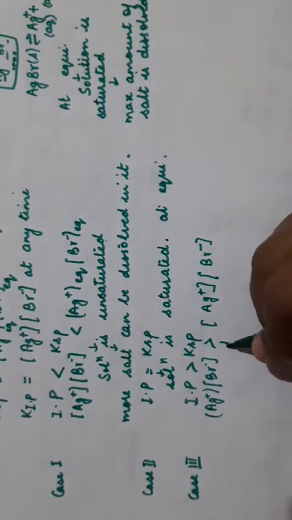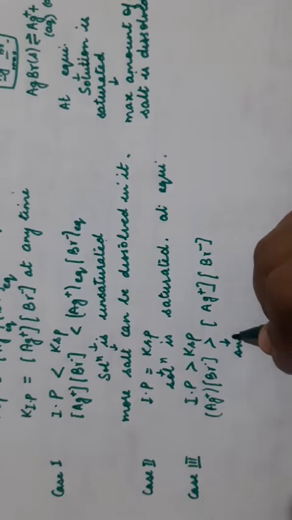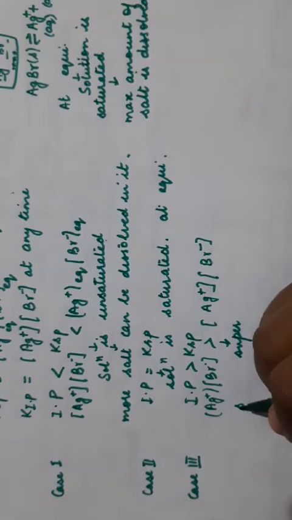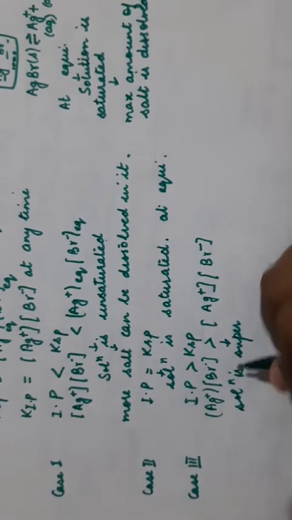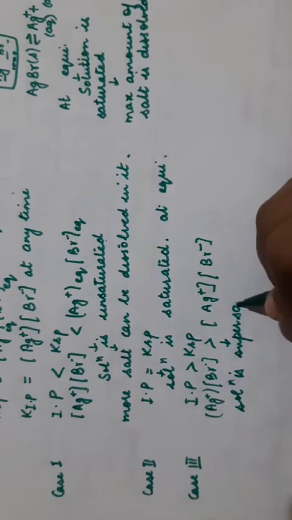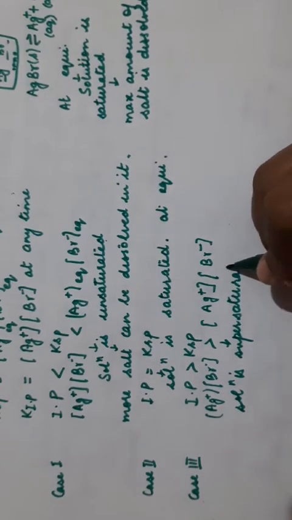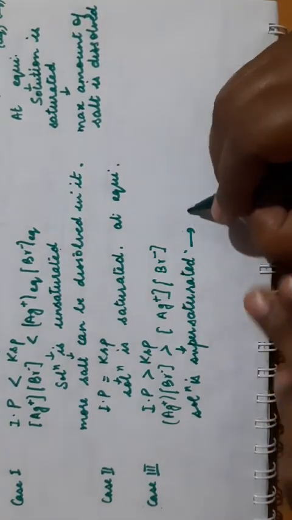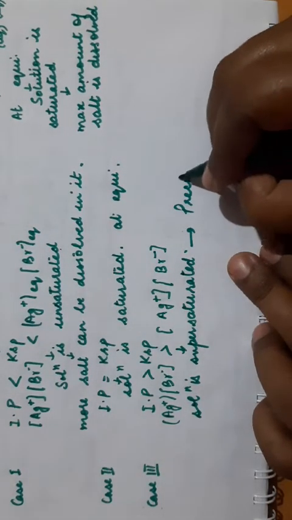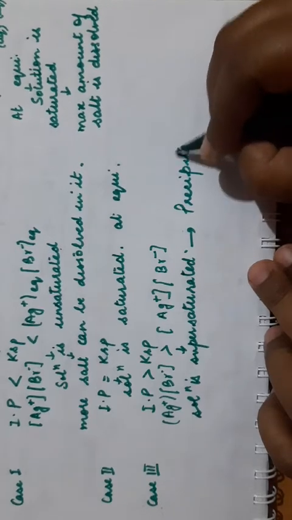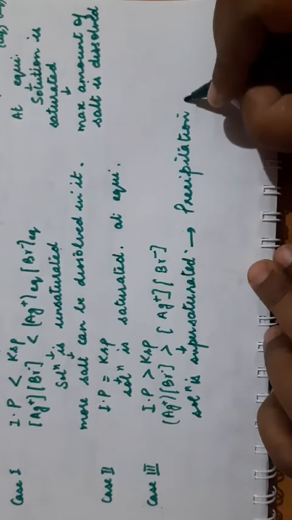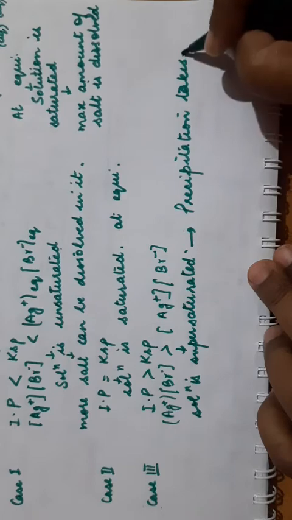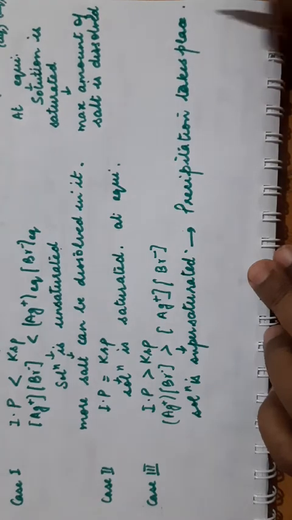That means the solution has become supersaturated, and if the solution is supersaturated, precipitation will start. So precipitation takes place if ionic product exceeds the solubility product.